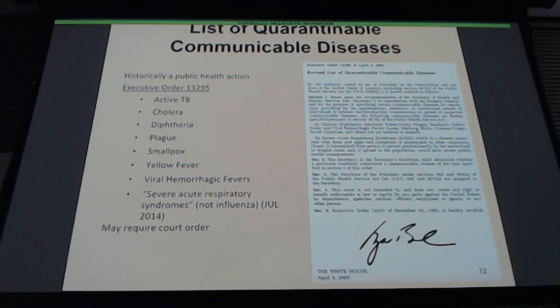Executive Order 13295. That is an executive order. You guys know what executive order means? That came from the president. Right? That says that if any of these things on this list, that means that we can invoke the Commerce Comitas. Okay?